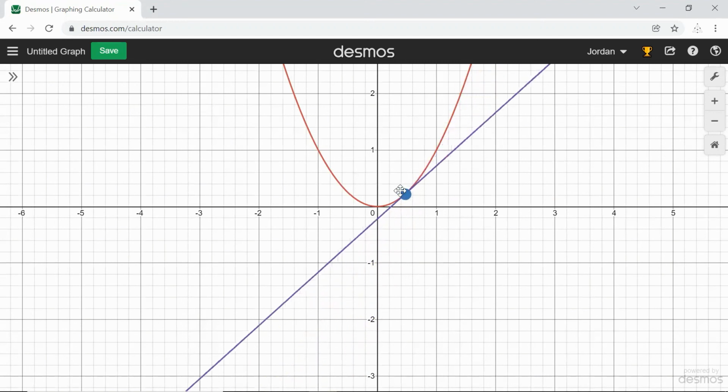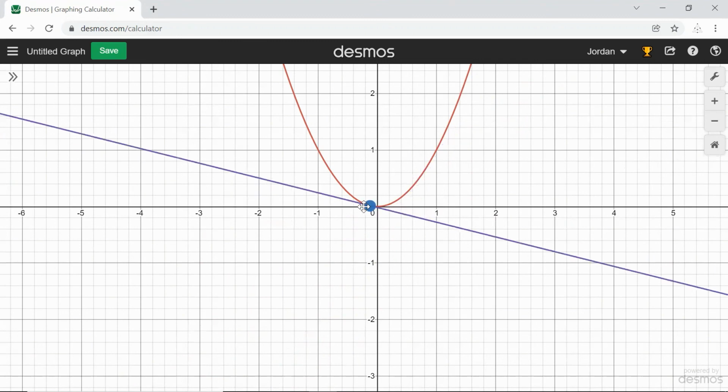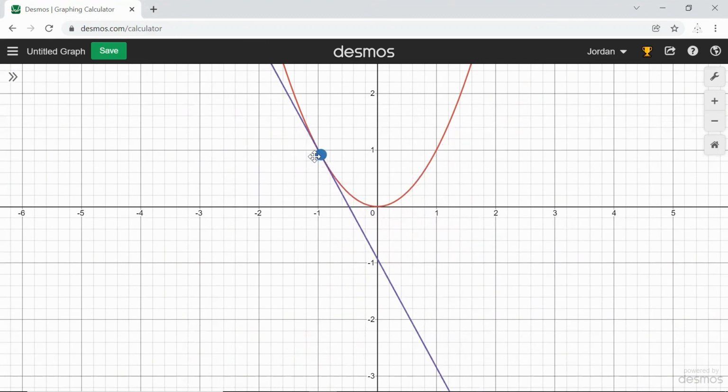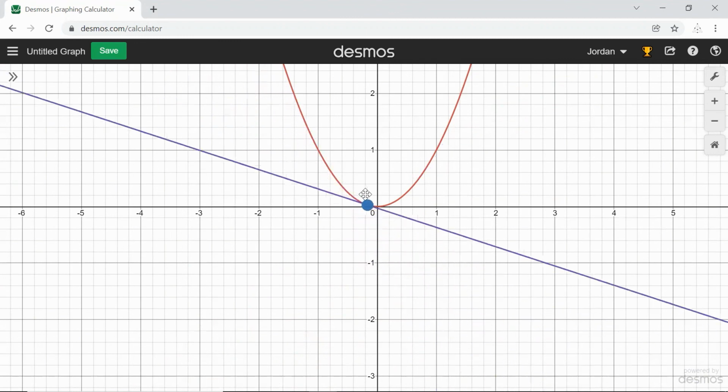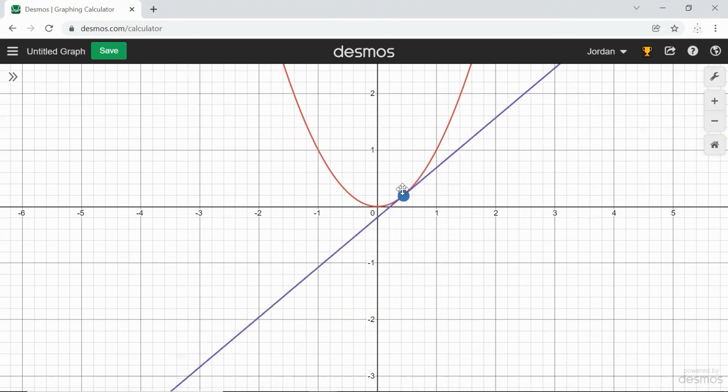Again, I'm just grabbing a point on the graph and moving it around and showing you how the tangent line works. So negative slopes, and then we cross over to a positive slope when you're above 0.